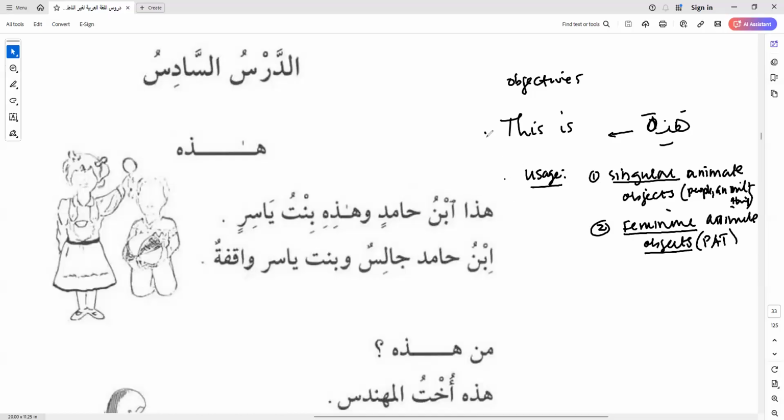And the second objective is we're going to learn gender nouns, that is nouns in terms of gender.